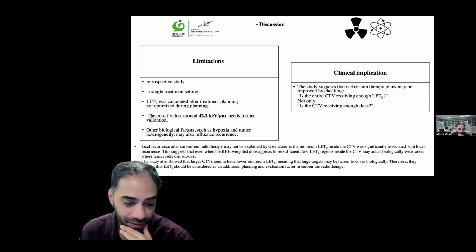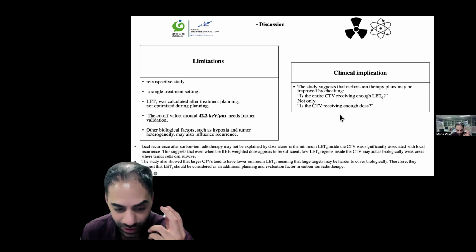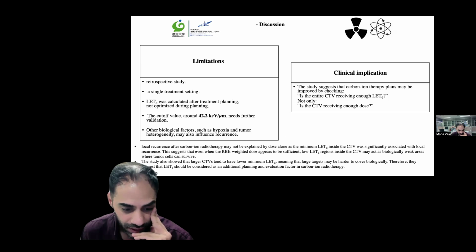However, the clinical implication is important. Carbon ion therapy plans may be improved by asking not only whether the clinical target volume or the gross tumor volume, the CTV or the GTV, is receiving enough dose.